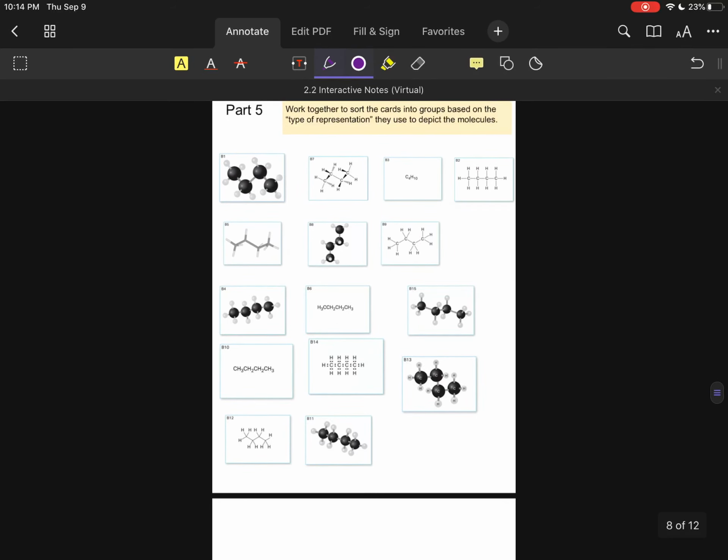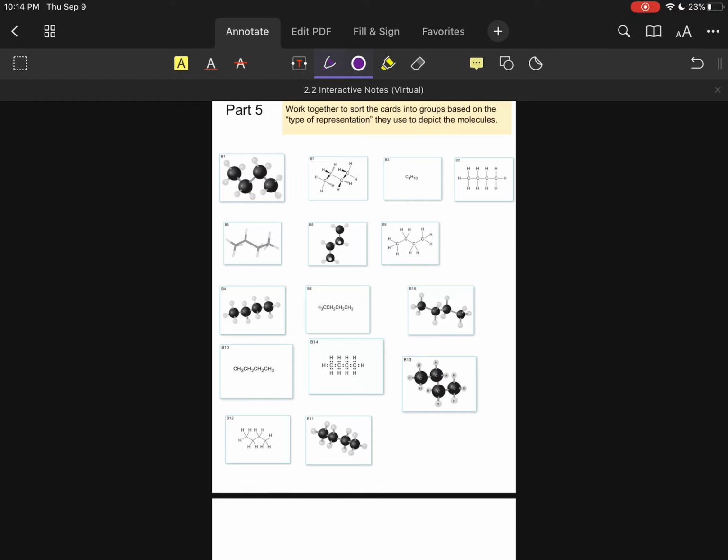In this slide, you were sorting some different looking cards. This is all of the same compound, butane. If you took a closer look, you noticed they each have the same number of black spheres and gray spheres, and you may have noticed too that the black spheres represent the carbon and the white spheres represent the hydrogen atoms.